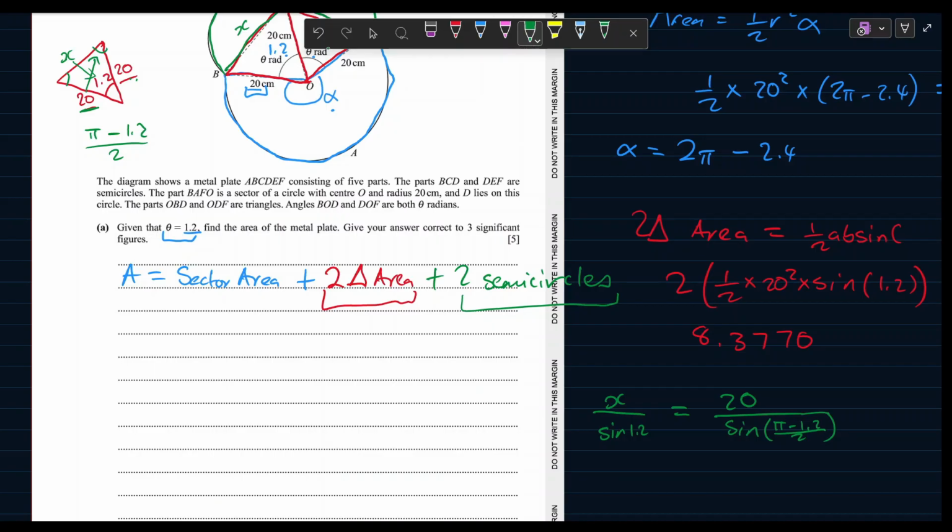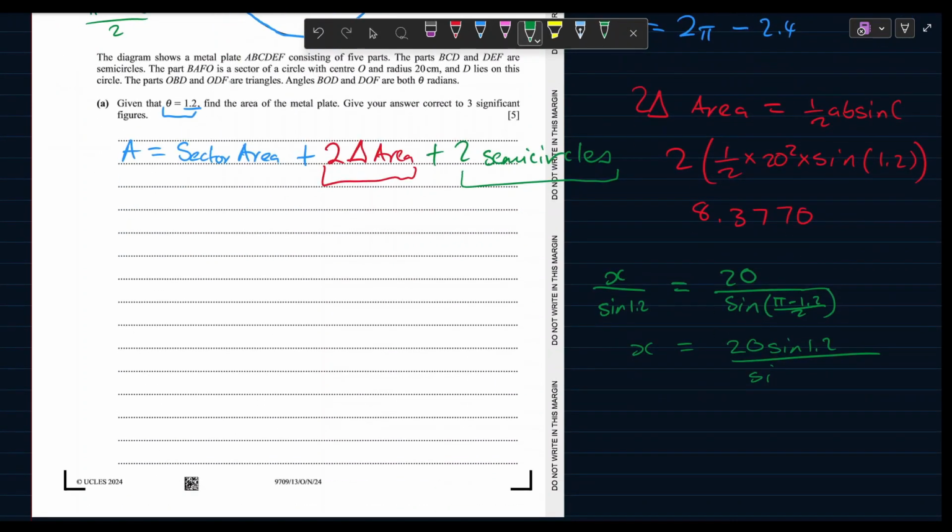Okay, and so at this point, to find x, we multiply both sides by sine 1.2. So 20 sine 1.2 over sine of pi minus 1.2 over 2. So if we punch this into the calculator, that is 20 sine 1.2.